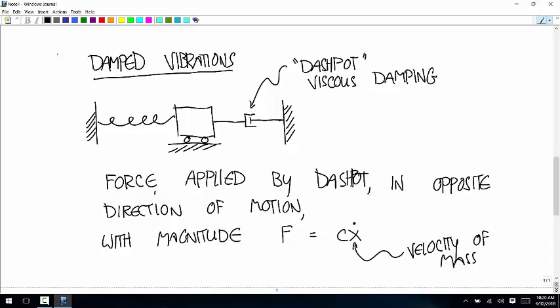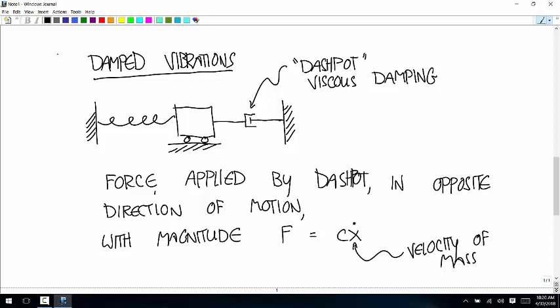The force is proportional to the velocity. So with a viscous fluid, imagine sliding something through syrup, something with a high viscosity. If you move it really slowly, that force is almost like the syrup isn't even there.